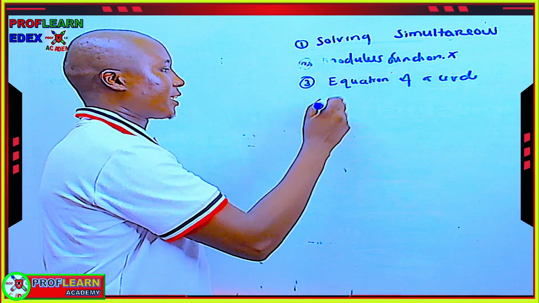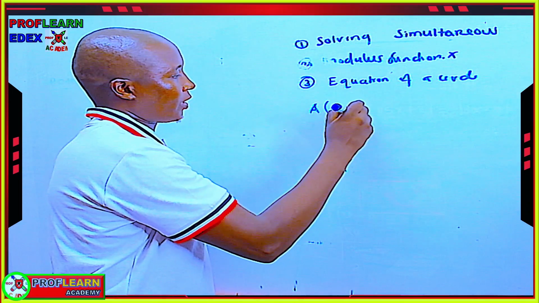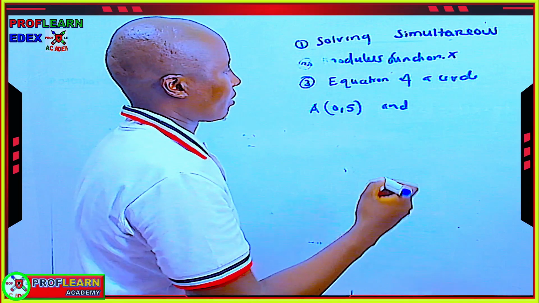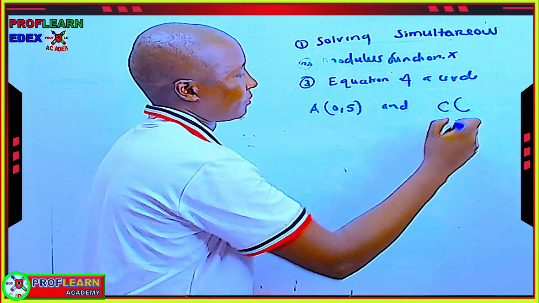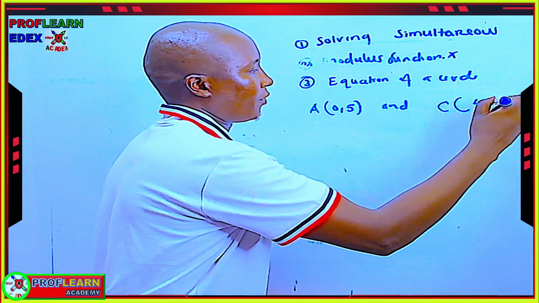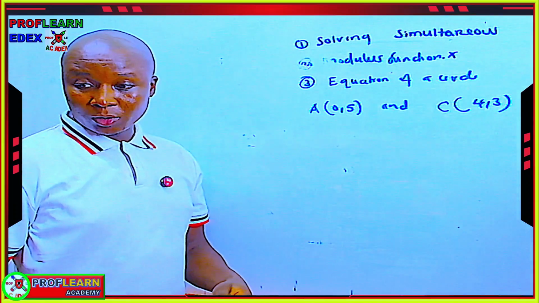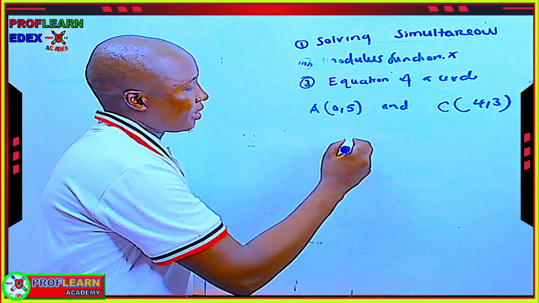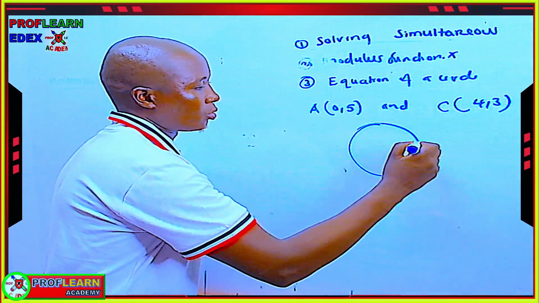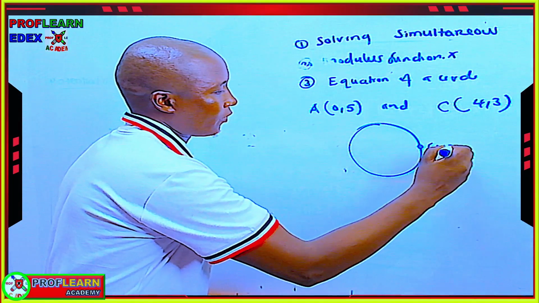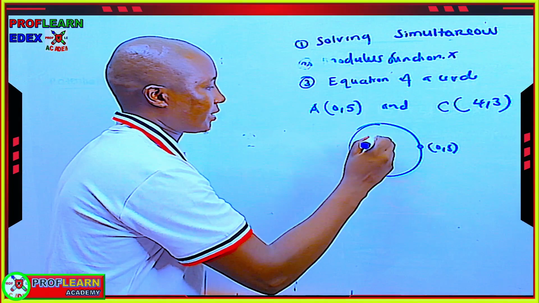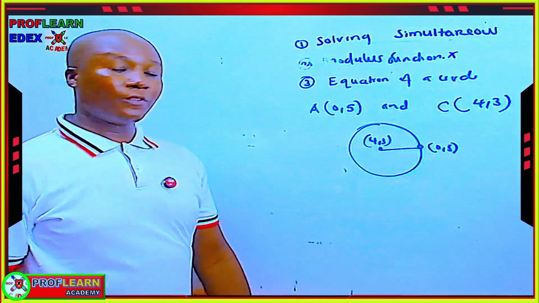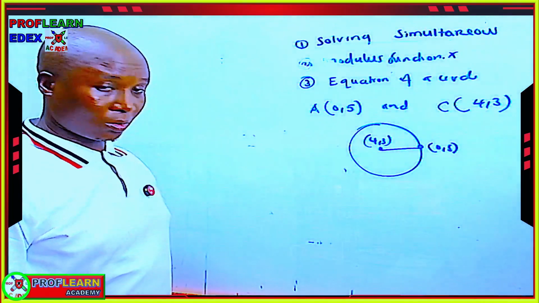For instance, you are told a circle passes through a point (0, 5) and has a center (4, 3). So you are supposed to find the equation of the circle. In this case, we can find the radius of that particular circle.